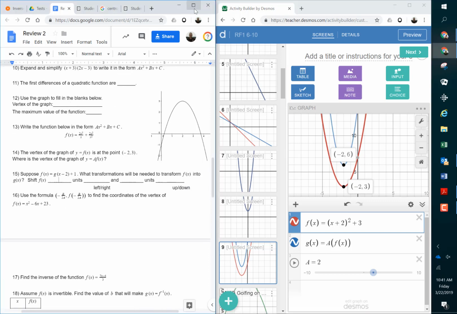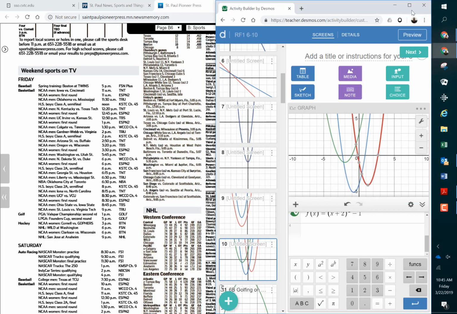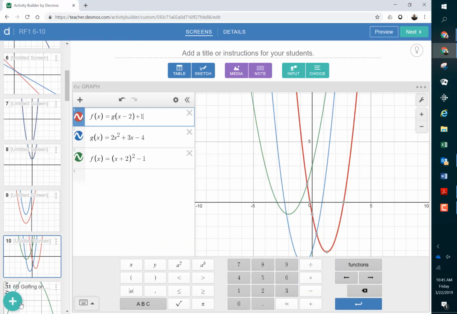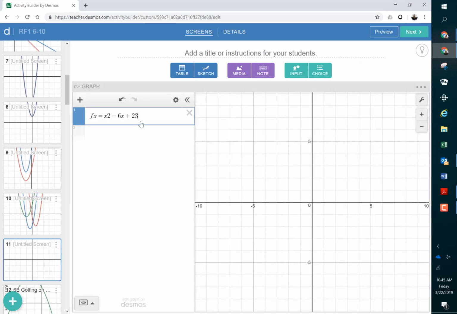Okay, so let's here look at this one. Well, I think the easiest way to do it is to just put it into Desmos, and that'll tell you what the coordinates are when you get done. F of x. Then we have to change this to squared.